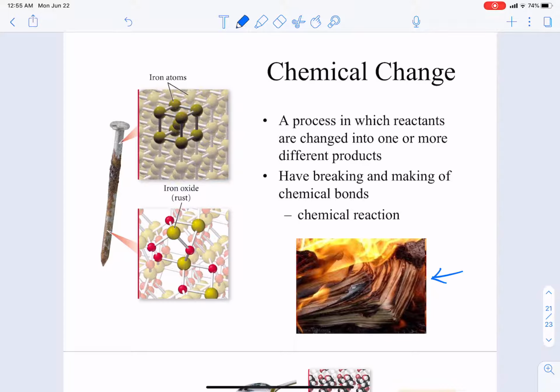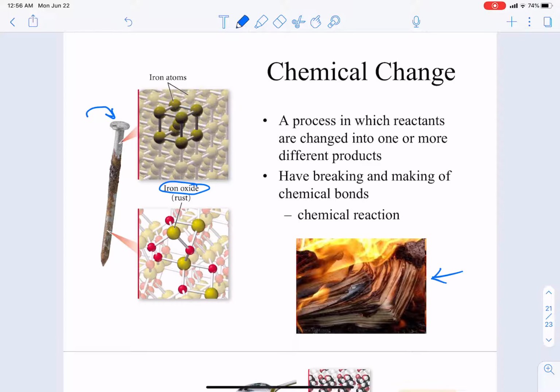Another example is iron. So the nail right here is made up of a bunch of iron atoms, but if it undergoes oxidation, so it reacts with oxygen, it will form iron oxide. And iron oxide is what we commonly call rust. Now, iron and iron oxide are definitely different substances.